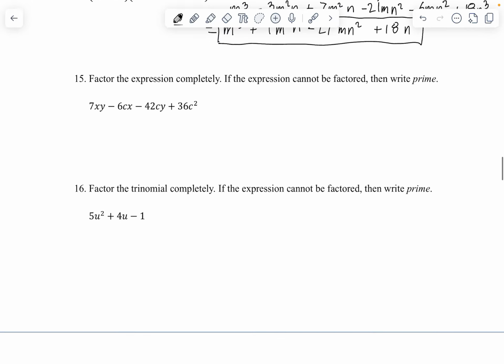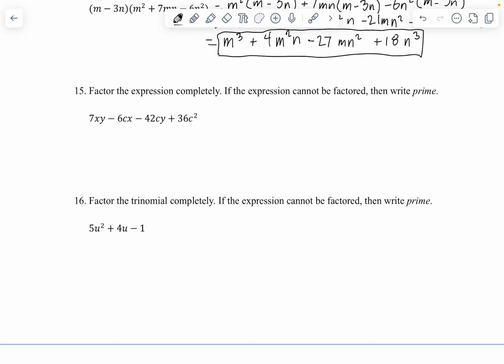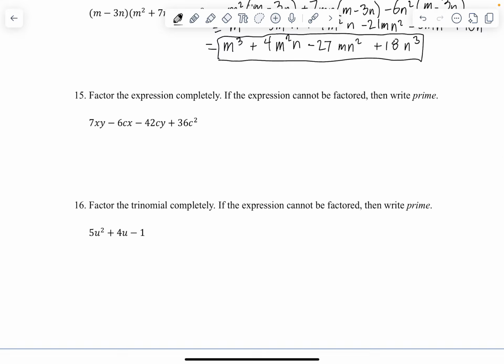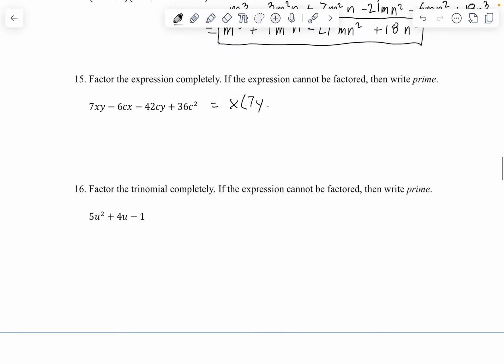Number 15 says factor the expression completely. If the expression cannot be factored, then write prime. Okay, so what I can do is I can focus on the first two terms, and I can pull out a common factor from those. And then I can also pull out a common factor from the second two terms. That's how I would start. So from the first two terms, I can pull out a factor of x, and that leaves me with 7y minus 6c.